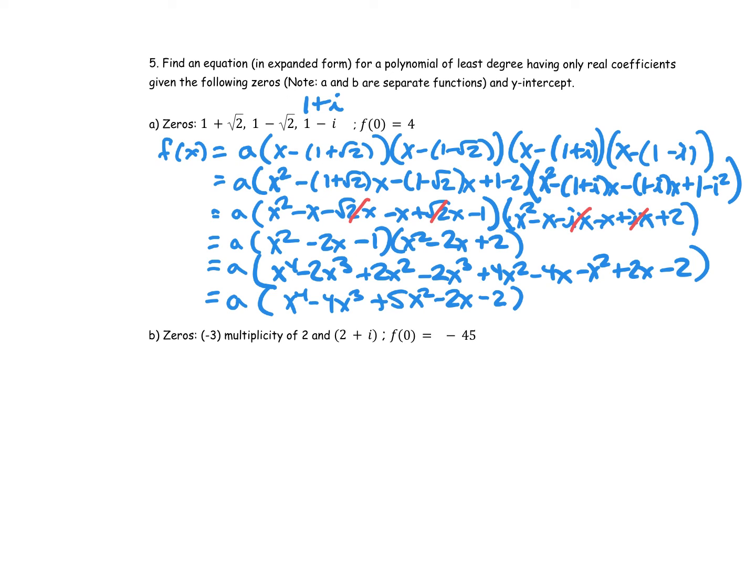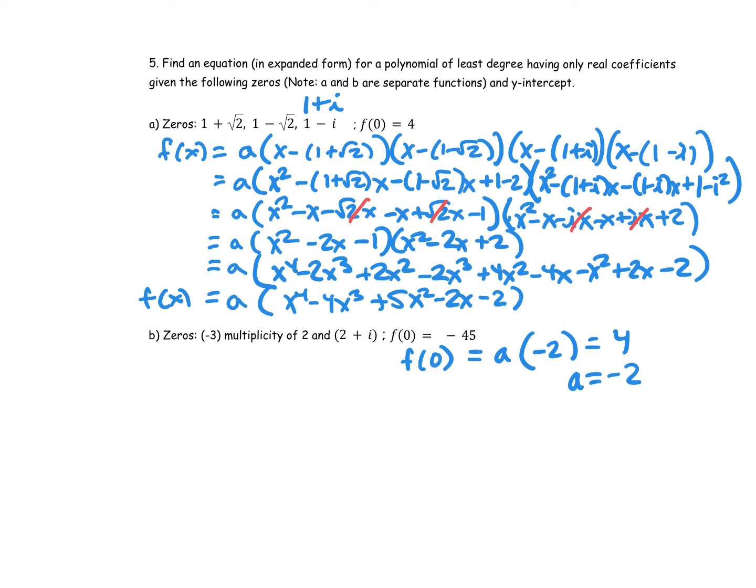All right, and the last step, so this is f of x, is using this point. I know f of 0, when I plug in 0 for x, I get an output of 4. So I've got a. 0 for x means the only thing left inside the parentheses will be negative 2, so a times negative 2 equals 4. So negative 2a is 4, or a is negative 2.